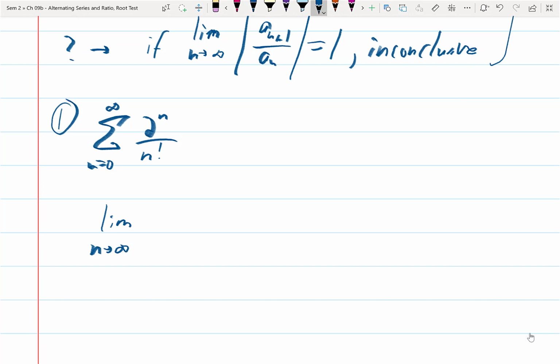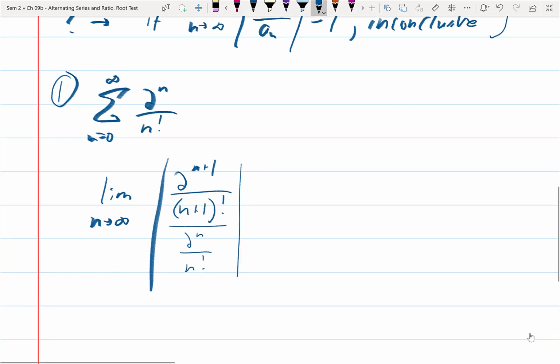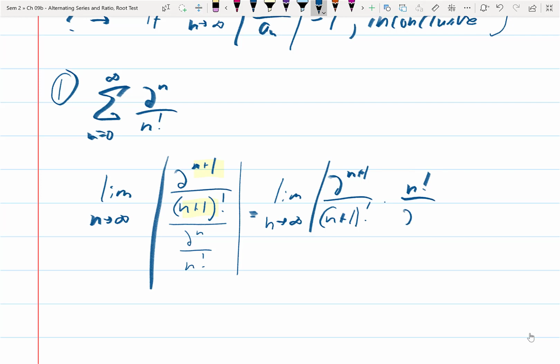So we're going to do the limit as n approaches infinity of the absolute value of 2 to the n plus 1 over n plus 1 factorial, divided by 2 to the n over n factorial. So that is plugging in the n plus 1th term and dividing it by the standard term. That is the same as the limit of 2 to the n plus 1 over n plus 1 factorial times n factorial over 2 to the n.